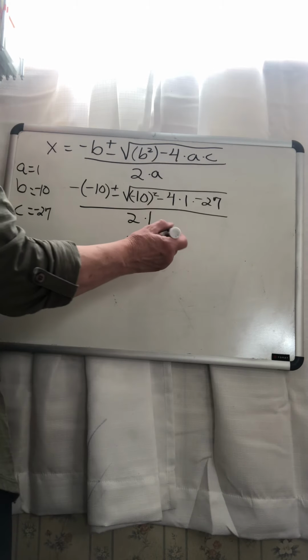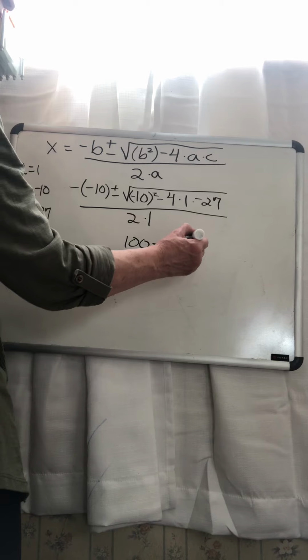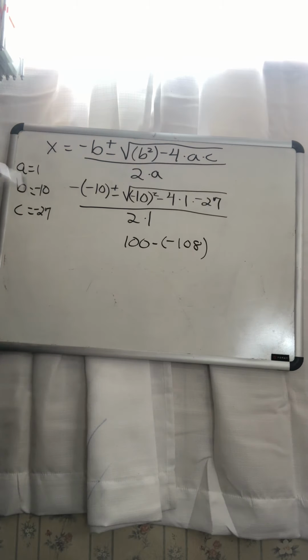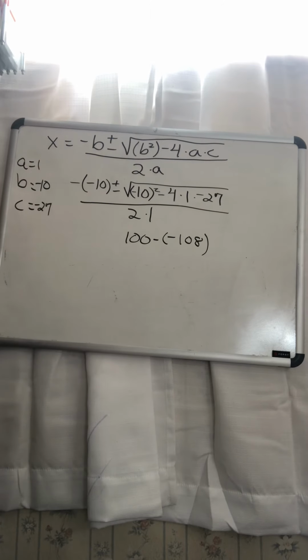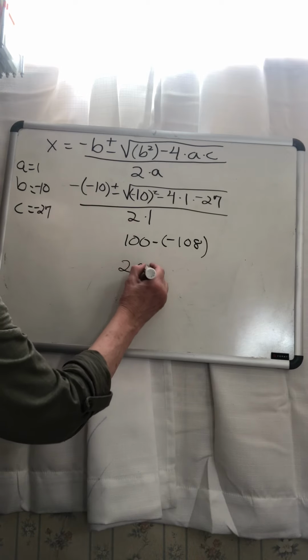And then times 1 is still 108. So we get a negative 108. So 100 minus 108 is going to give us 208. Or no, it's not. Yes, it is. 1 and 1. So 208.